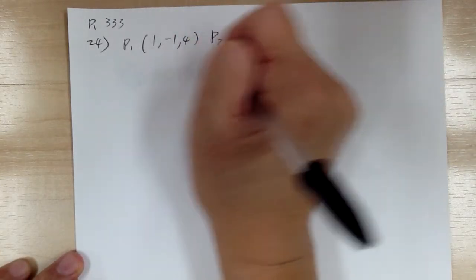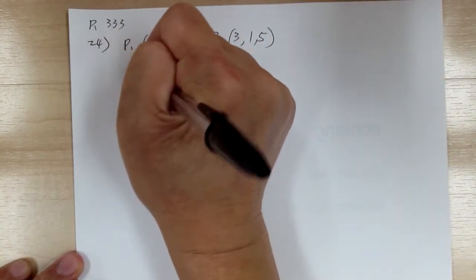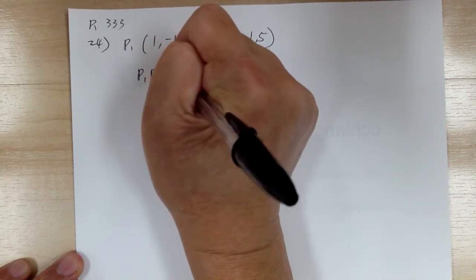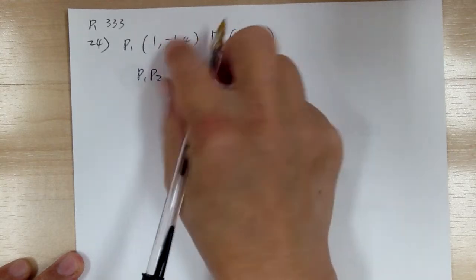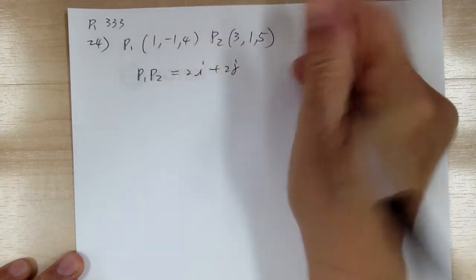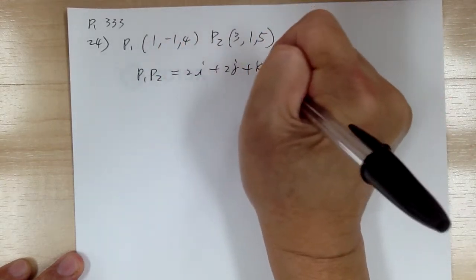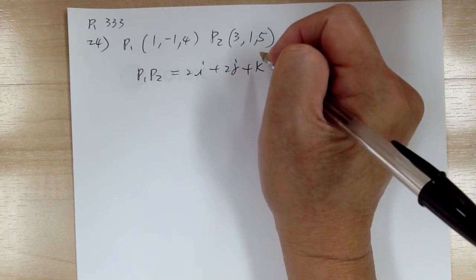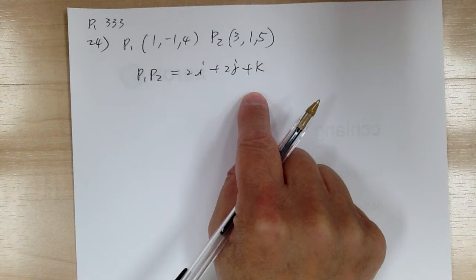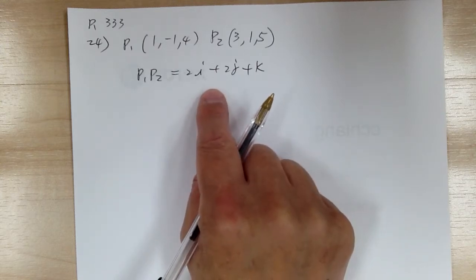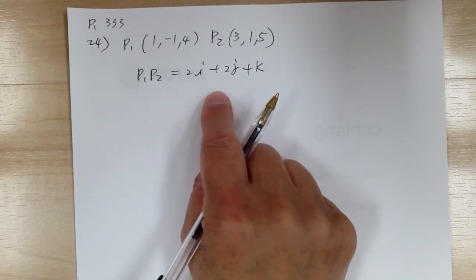First you need to get the vector. So P1P2 is equal to, this minus this gives you 2i, this minus this gives you plus 2j, and this minus this gives you plus k. So this is a direction. Next you need to get the length so you can get the direction cosines.